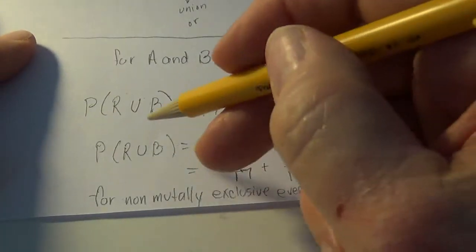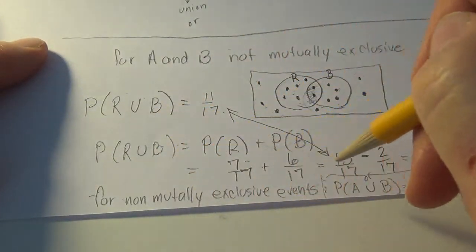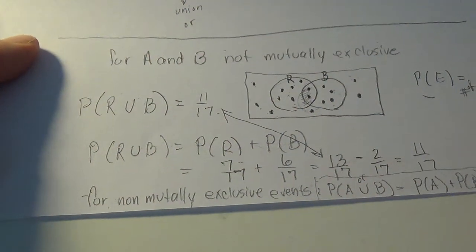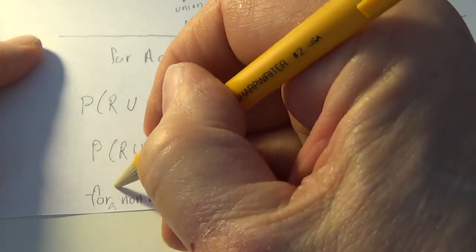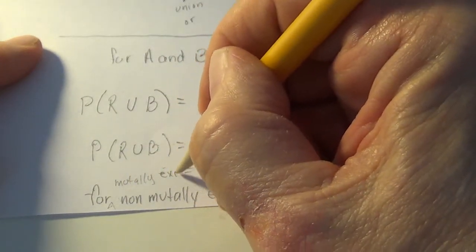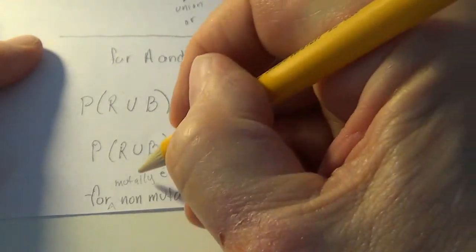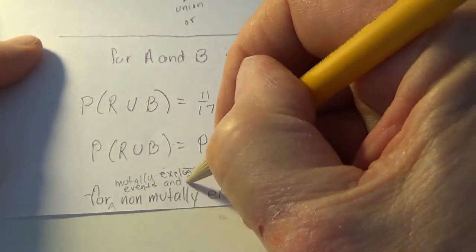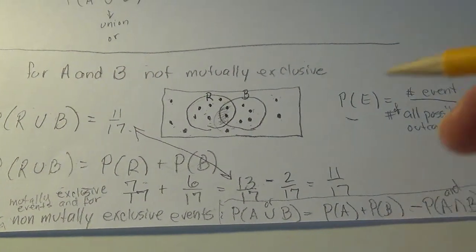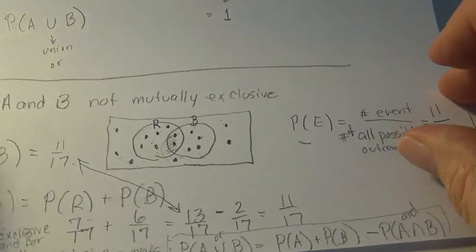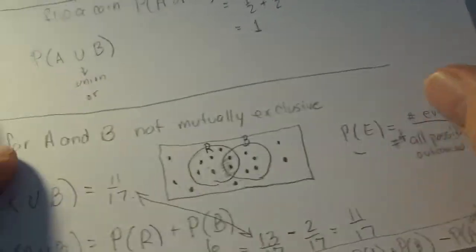So for mutually exclusive events, this one works, and for non-mutually exclusive events, this formula will work. So how cool is that? All right, we'll do an example or two.